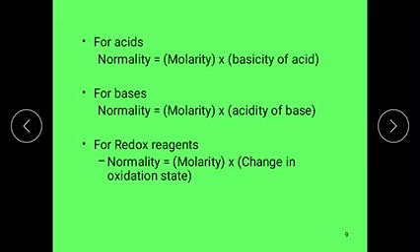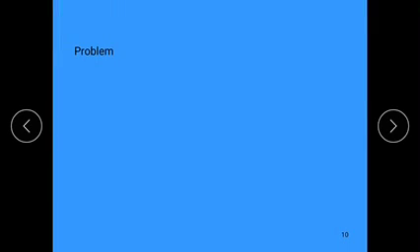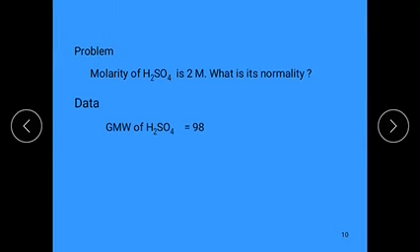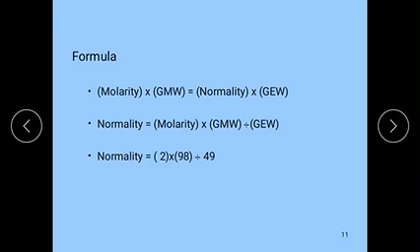The molarity of the H2SO4 is 2 into the basicity, which is 2, then it equals 4. 2 into 2 equals 4. We can simply calculate it by using that formula.